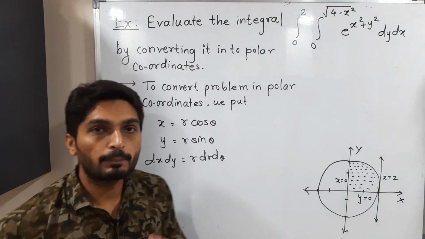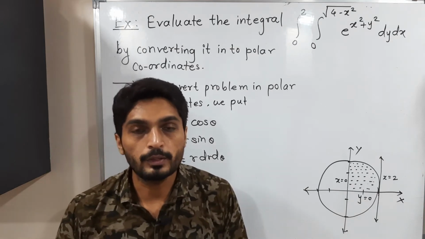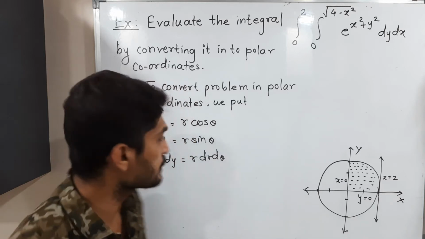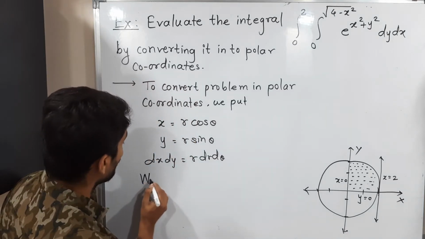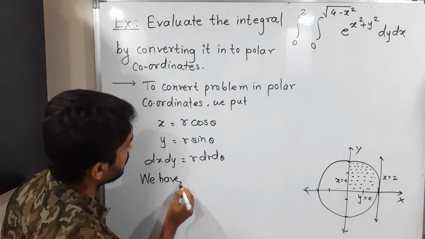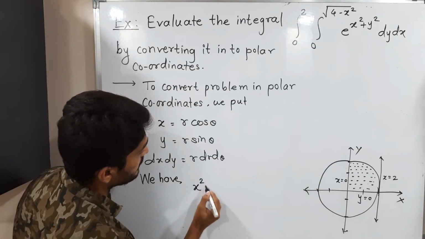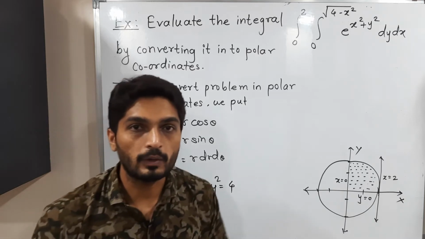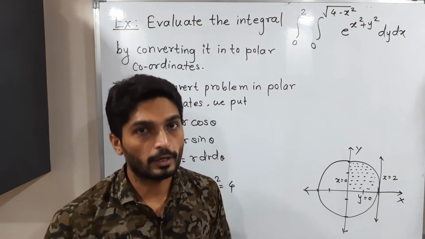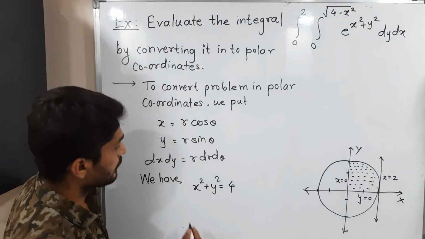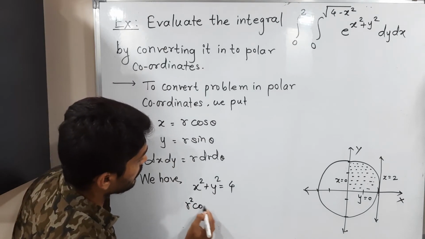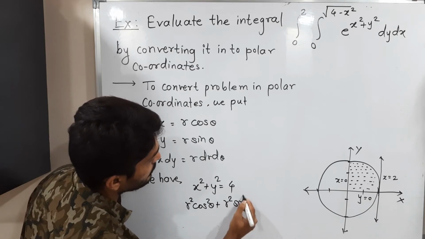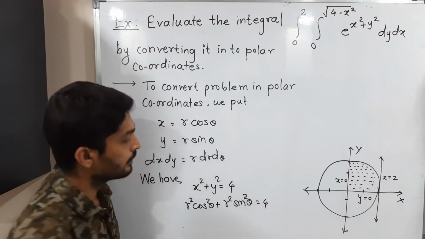So when we convert the problem into polar coordinates, we always try to convert the equations also into polar coordinates. So what is the equation? We have the equation of the circle, that is x square plus y square is equal to 4. I will try to convert it into polar coordinates. We put x is equal to r cos theta, so r square cos square theta, y is equal to r sin theta, so r square sin square theta is equal to 4.